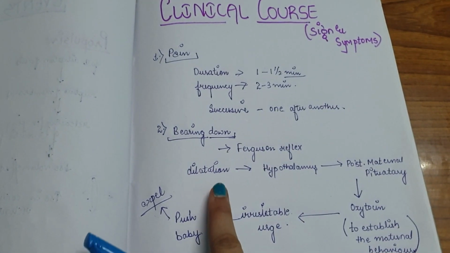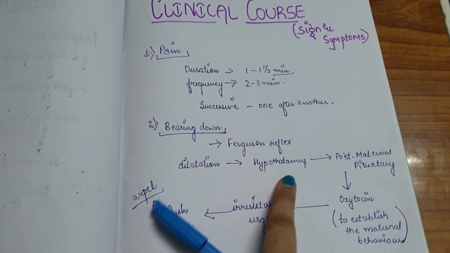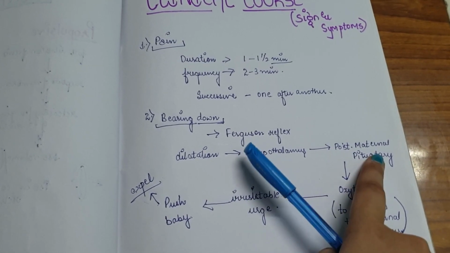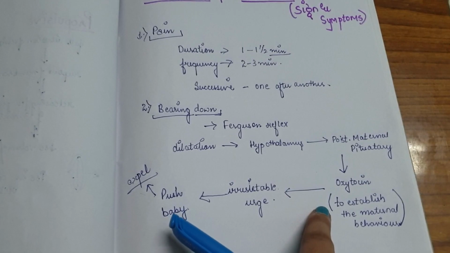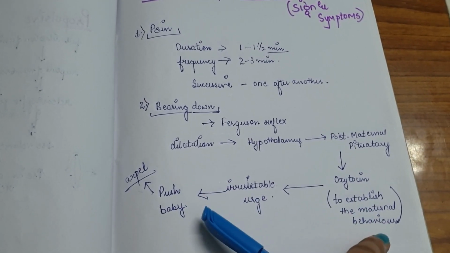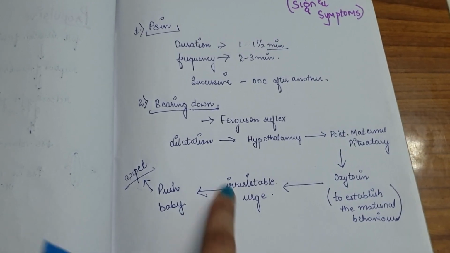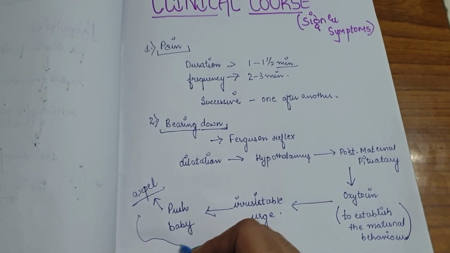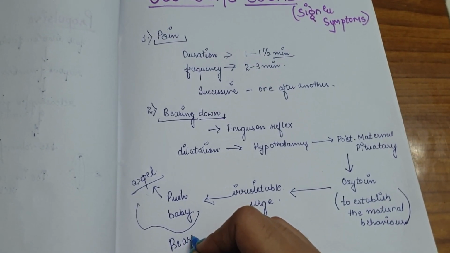So when there is dilatation of the cervix, there is stimulation of the hypothalamus, which stimulates the posterior maternal pituitary gland, which in turn produces oxytocin, which is believed to establish maternal behavior, resulting in an irresistible urge in the mother to push the baby. This is known as bearing down efforts.